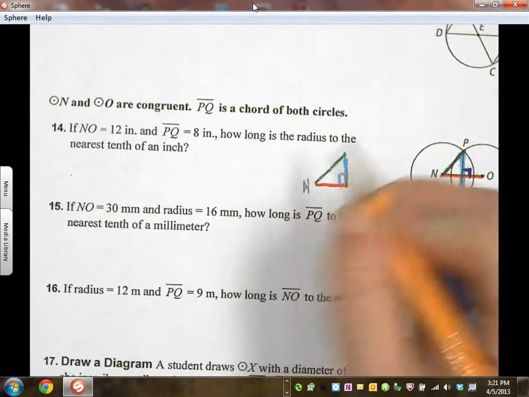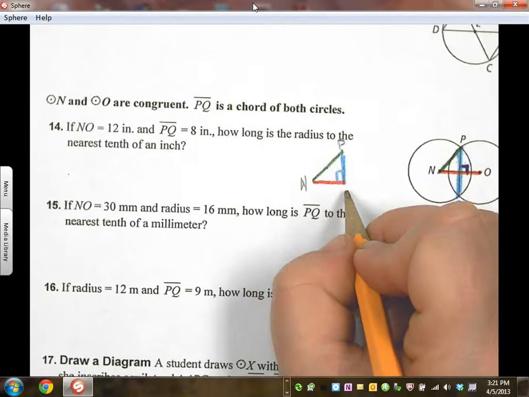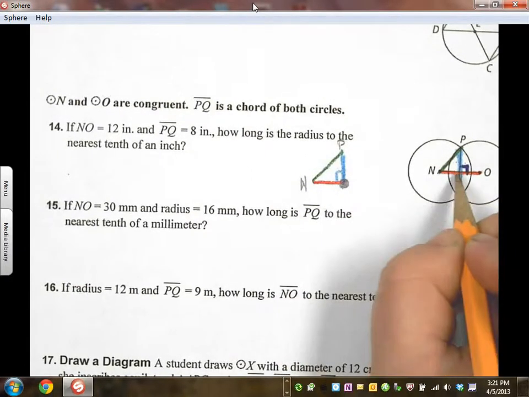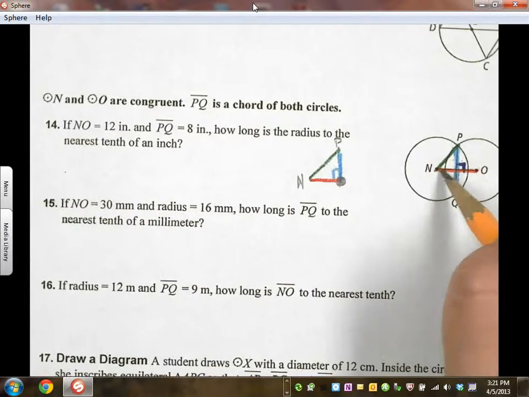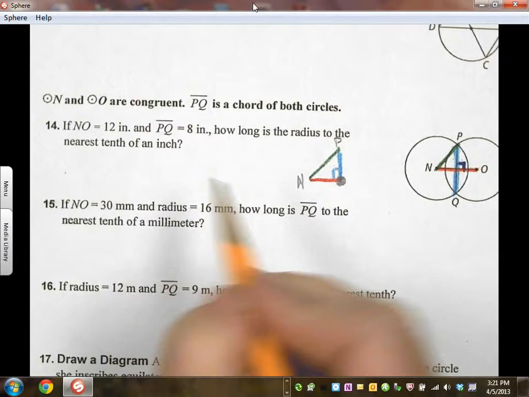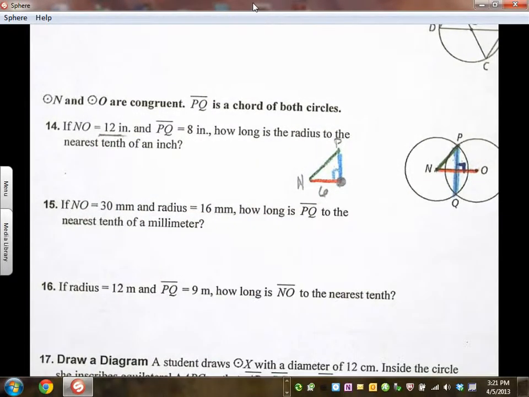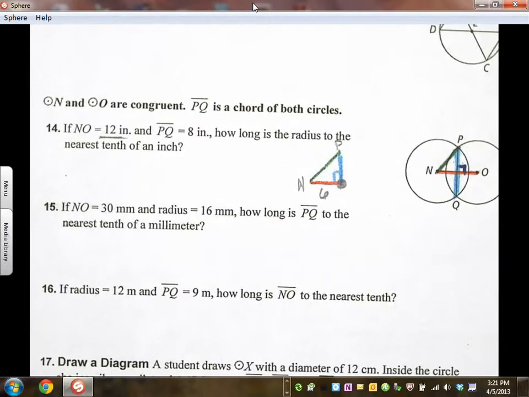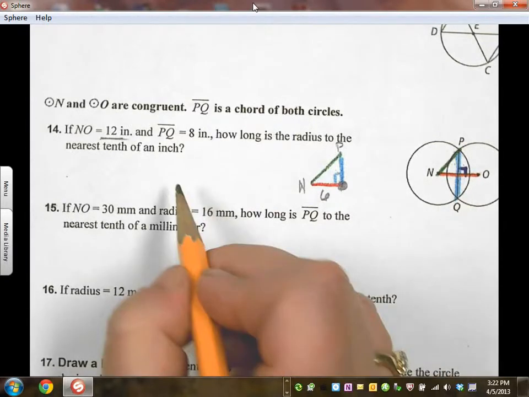This is going to be N, P, and we don't know the name of this point, so I'm just going to make a dot, because they didn't give me a name for it in the original picture. So if NO is this whole thing, and this is cutting it in half, what do we know? We know that we've got to take that in half, and that's going to be the length of that side. We know that PQ is 8. Right here, it tells me it's 8.